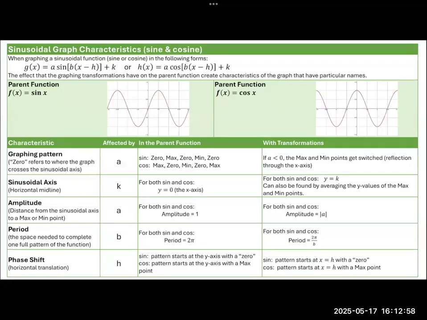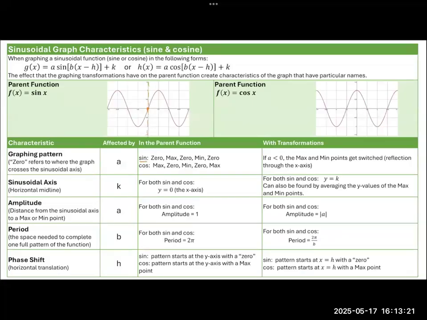In the sine function, when we're looking at the parent function, we start at the y-axis. And you can see here the graph starts at a 0. It starts on an x-axis point.